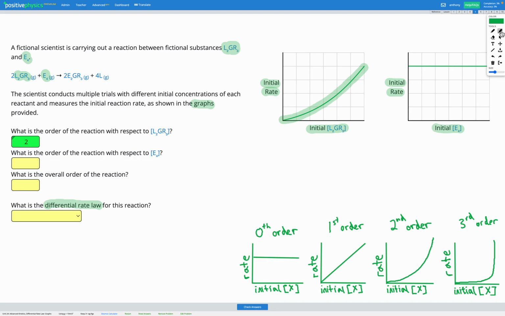For E4, if we look at the shape of our graph, it's a straight horizontal line. That is 0th order down here. And remember, that means our rate is not affected by the initial concentration. Our rate's just constant. So that's going to be 0th order.